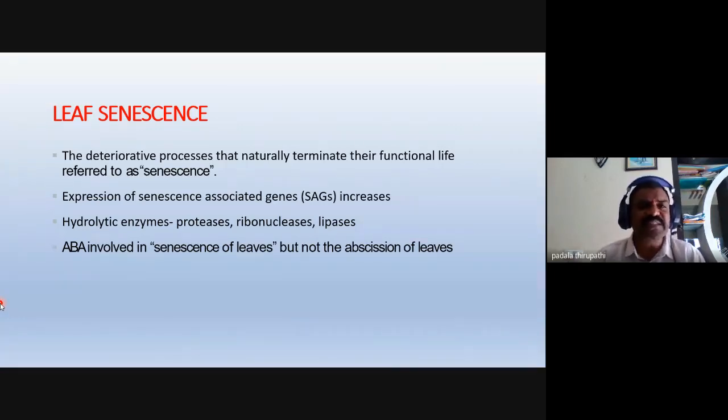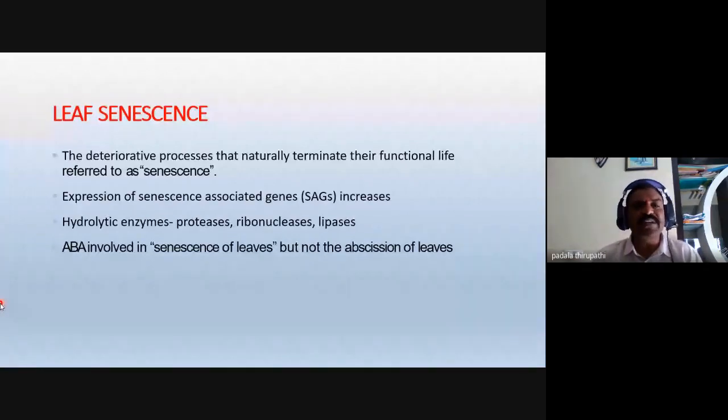Leaf senescence is also important. The deteriorative processes that naturally terminate functional life are referred to as senescence. The expression of senescence associated genes, that is SAGs, increases, and then senescence is high.